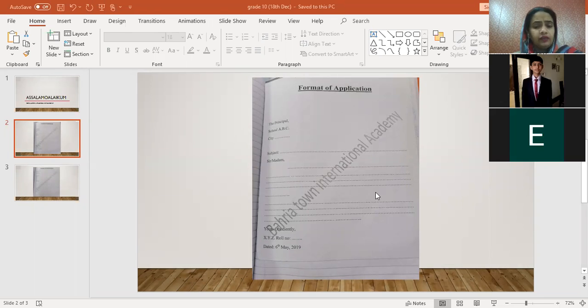Then in the first paragraph, you will discuss your point, what you are requesting for. And then in the second paragraph, you will mention what you are hoping for, or the suggestion for that. So these are the two paragraphs you are going to write for an application.